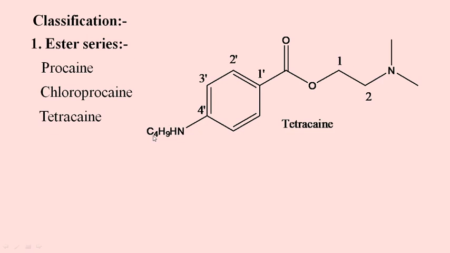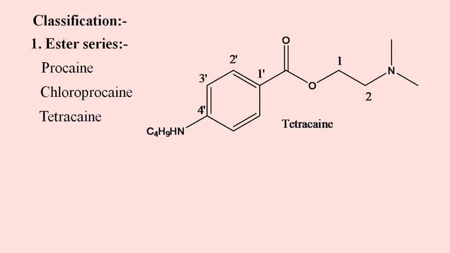This is C4H9, butane, and with this butane an amine is attached: 4-butylamino. No other substituents are attached to the benzene ring, only butylamino and benzoate. So once again its IUPAC name is 2-dimethylaminoethyl 4-butylamino benzoate.